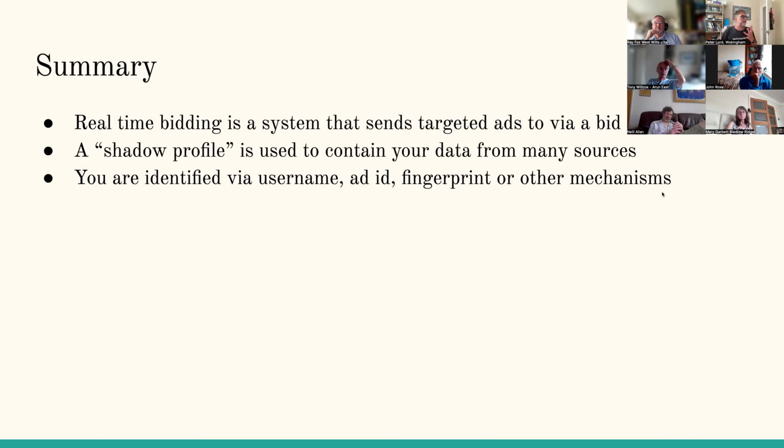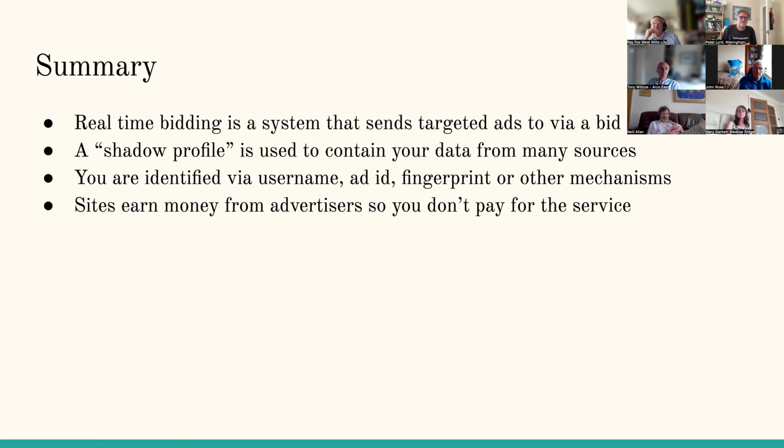And you're identified by some sort of username or ID or fingerprint or some other mechanism. Those two pieces of information, your ID plus your shadow profile, are glued together and shared with the advertisers so they get a chance to bid to present an advert on your web page or your app.